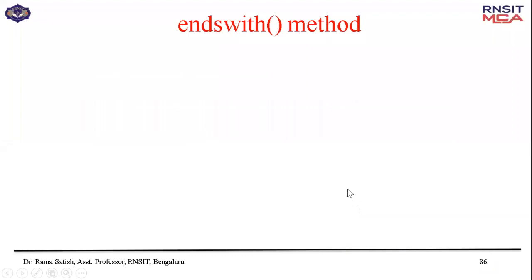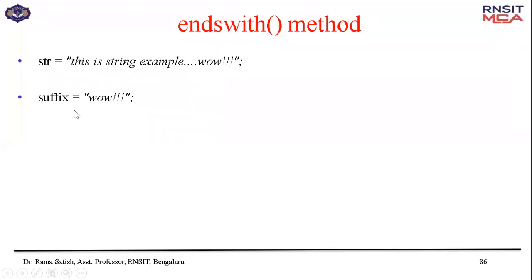Endswith. Endswith is a method that will tell whether the string ends with that particular pattern or substring. Okay, here we have this example: this is a string example. Wow, triple exclamation we have given, and wow exclamation is the suffix.